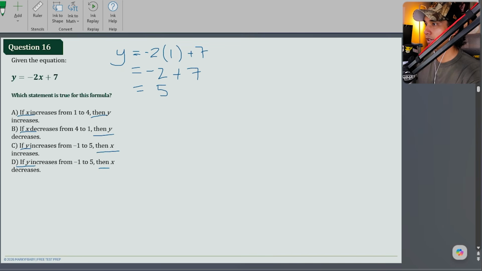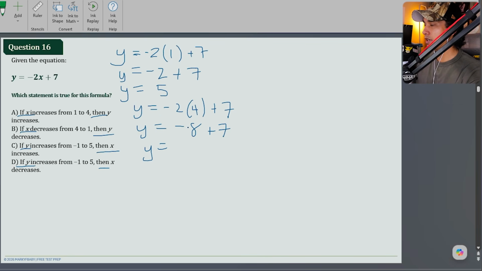Now, let's plug in the 4. Y is equal to negative 2 times 4 plus 7, y is equal to negative 8 plus 7, y is equal to negative 1.